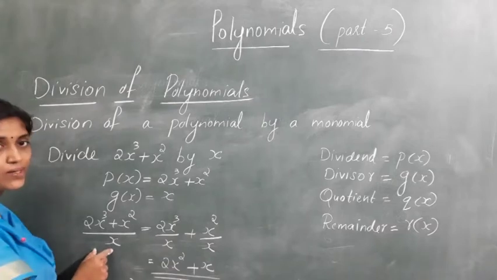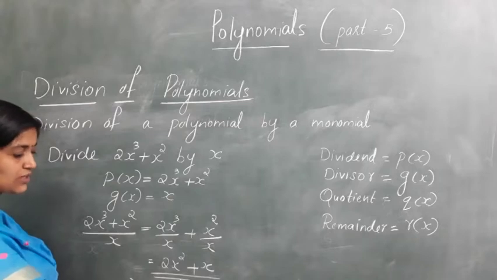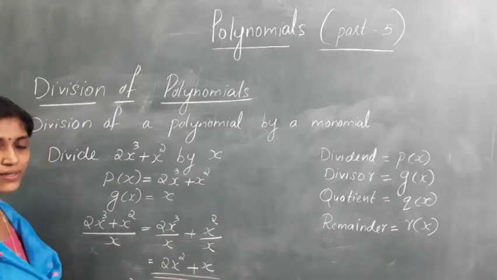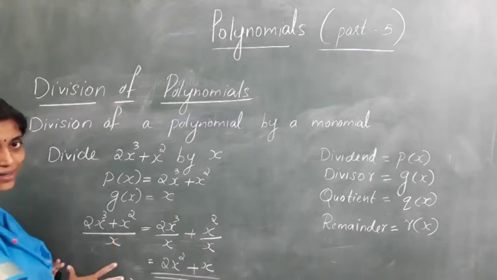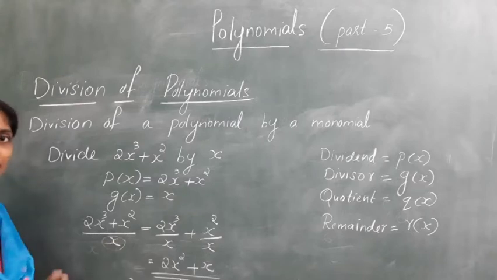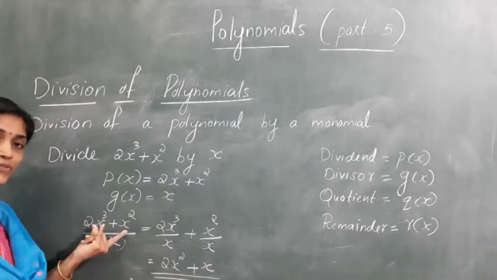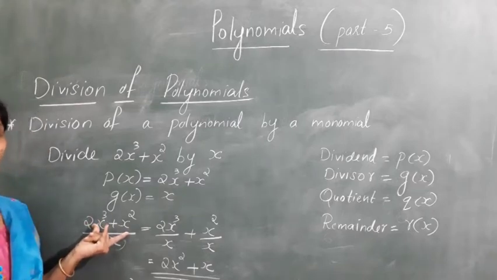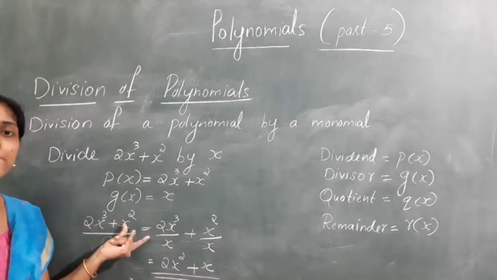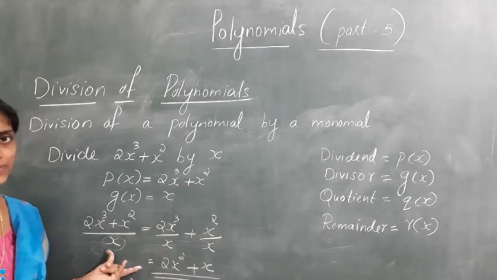Now here we are not getting a remainder. Quotient is equal to 2x squared plus x. Clear? So we can say here the remainder is 0. So what can we say about x? x is a factor of this polynomial, or you can say 2x cubed plus x squared is a multiple of x.